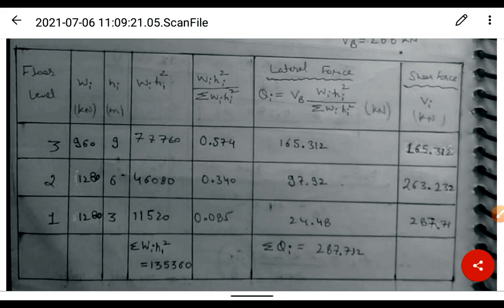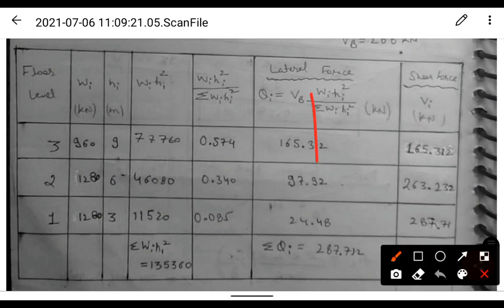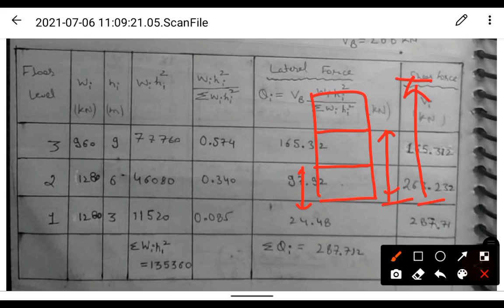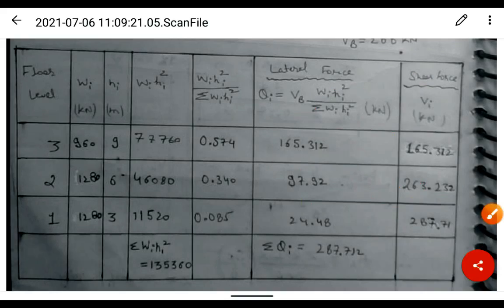One thing you have to remember is that if this is the building and these are the stories, we have to consider all the values of height from this base. We have to consider the height from the base for each particular floor.